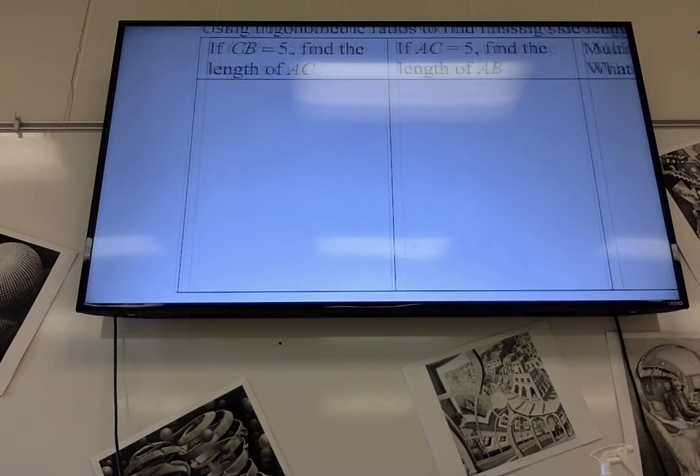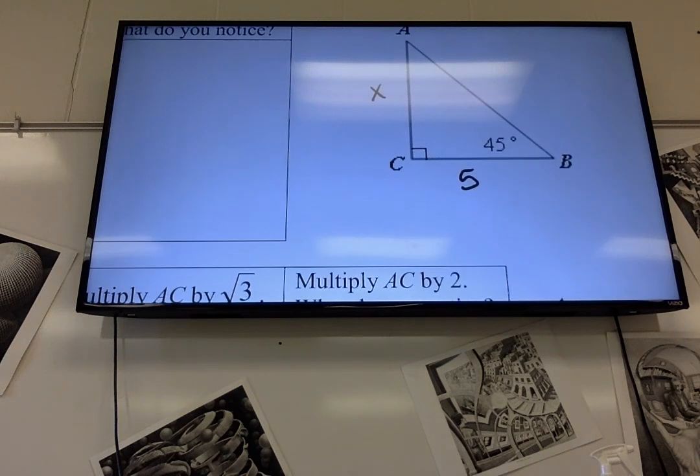All right. So looking at these two, we have this angle. Because it says it's 45 degrees. And tell me what sides I have. I have the opposite side and the adjacent side. So think back to SOHCAHTOA. Which one uses opposite and adjacent? Tangent.